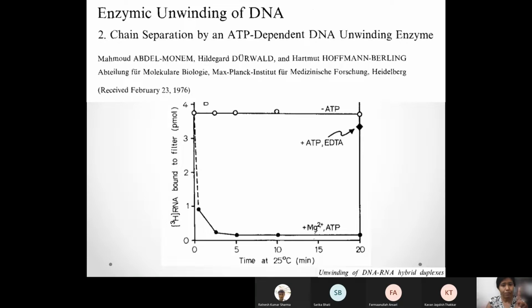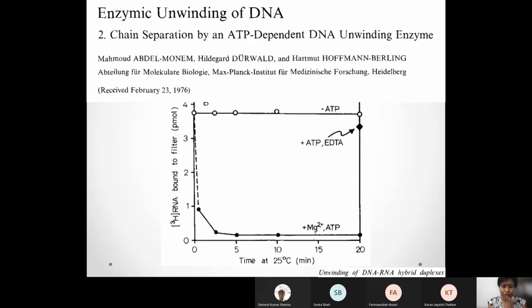And because the single stranded RNA can be removed, you see a decrease in the tritiated RNA levels with time. I repeat this: they took the fraction which they believe had this activity of separating a DNA-RNA hybrid.